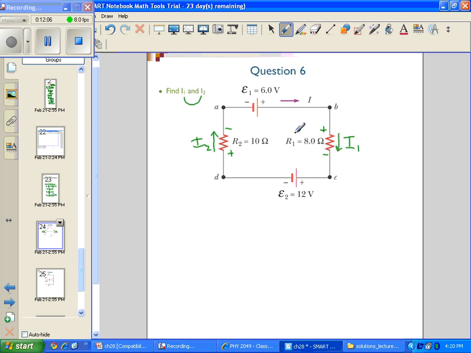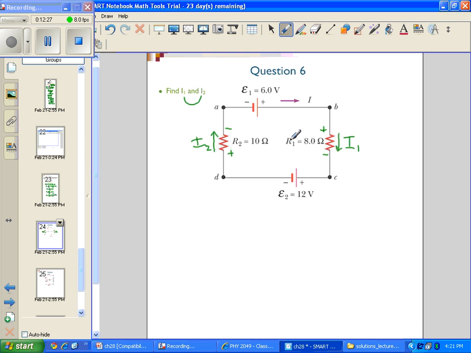In other words, what circuit element do we want to start with? And do we want to add all circuit elements clockwise or counterclockwise? Now, this is going to be your guess, so I will give you a couple of seconds to decide which way you want to do this.